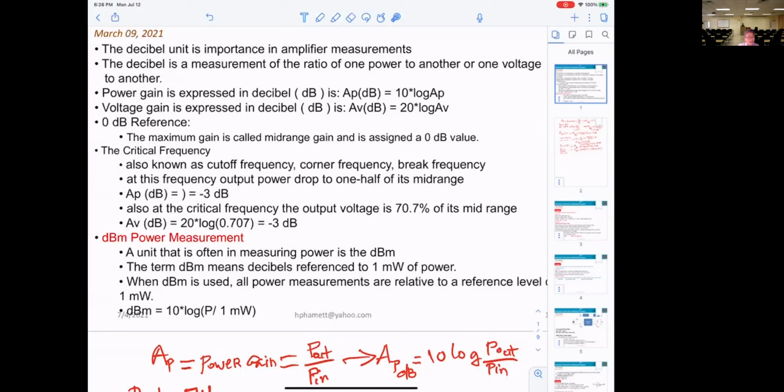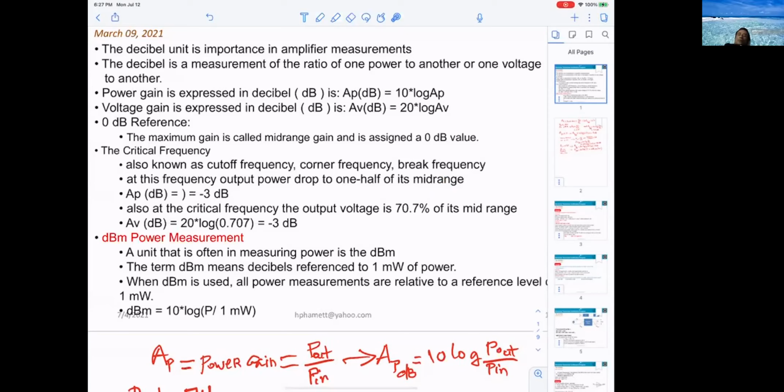Now, how much do you understand when they say the output power drops to 1/2 of its mid-range? How many percent? Mid-range means no loss, right?